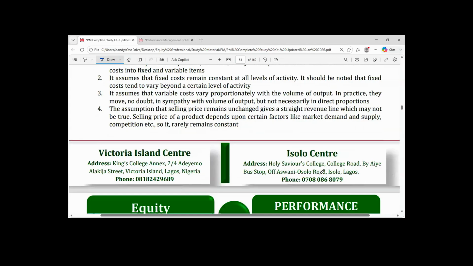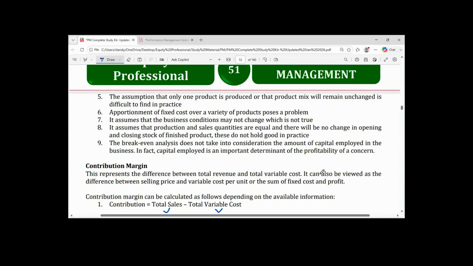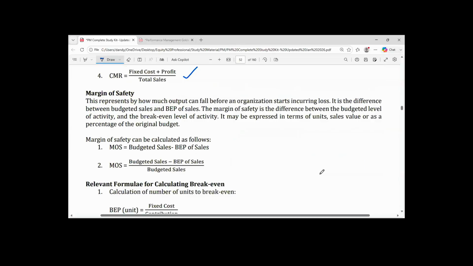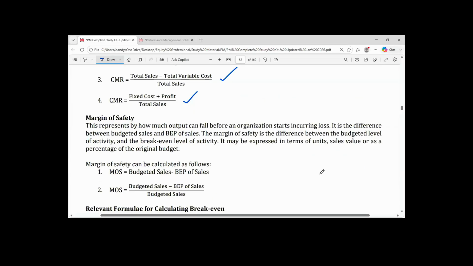Now, let's go back to margin of safety. What do you understand by margin of safety? The margin of safety represents the extent to which output can fall before a company will begin to incur loss.